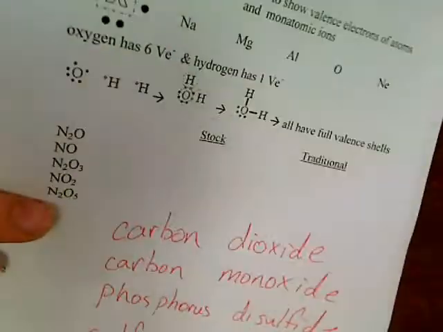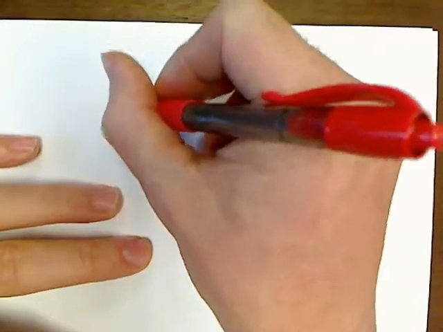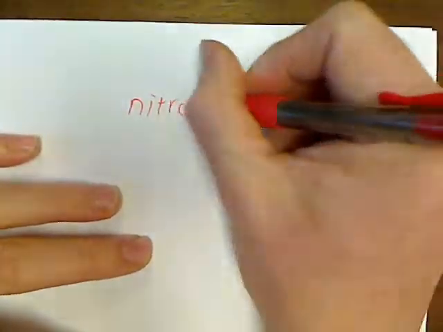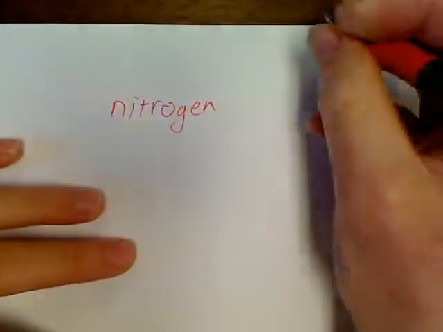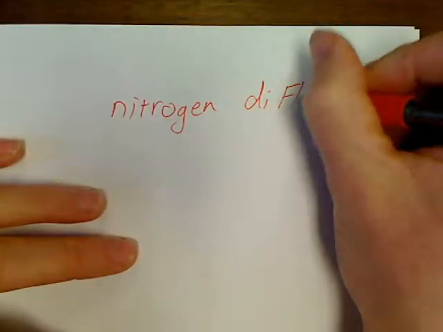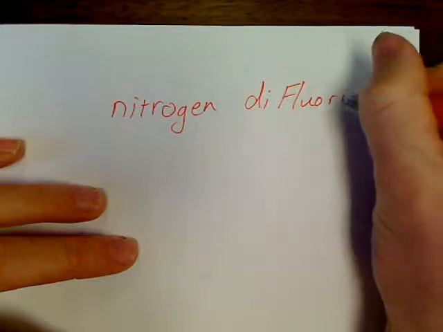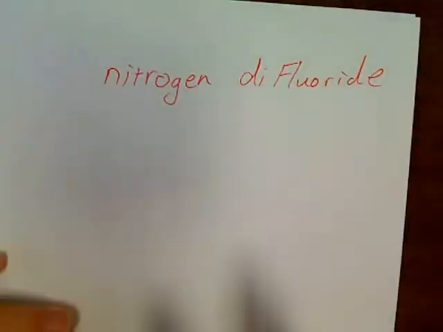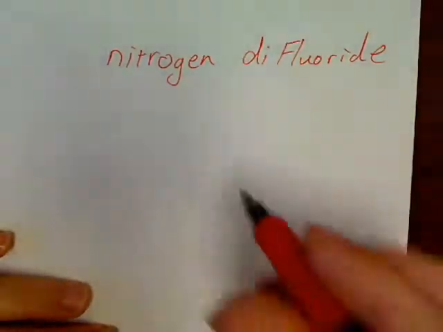Now, I love doing these questions. I love, especially when we get the opposite. Say you're looking at a sheet of paper, and on the paper says nitrogen difluoride, and I'm just going to make something up. Is there even such a thing? I don't know. But I do know this.